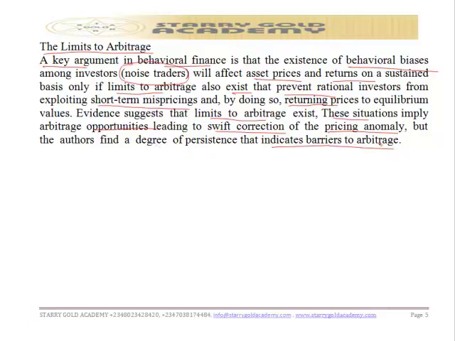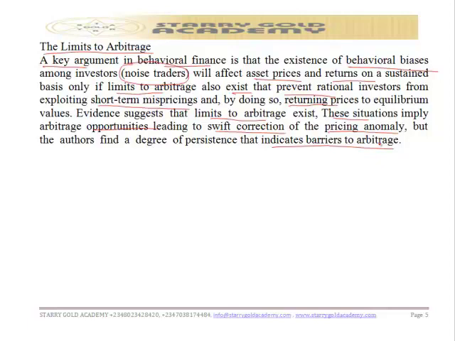We discussed something on these limits to arbitrage earlier, I think under derivatives. We talk about limits to arbitrage, where the activities of noise traders, the investors, will prevent the professional or fund manager from taking advantage of mispricing, thereby leaving the mispricing unnecessarily longer in existence.